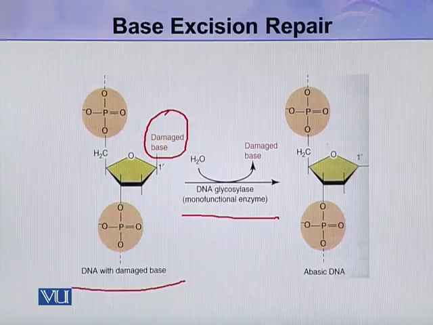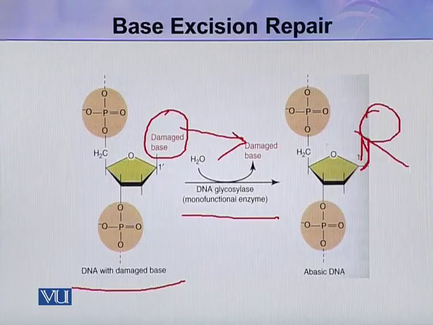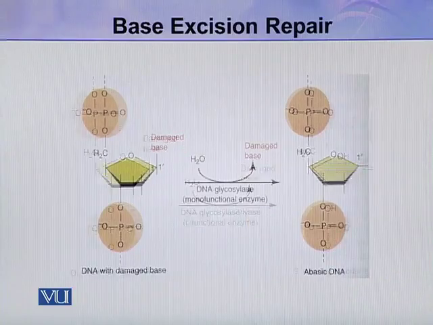In this reaction, the damaged base is directly removed, and an abasic site is present, because the damaged base which was present here has been removed. So this is an abasic DNA. In this way DNA glycosylase works.